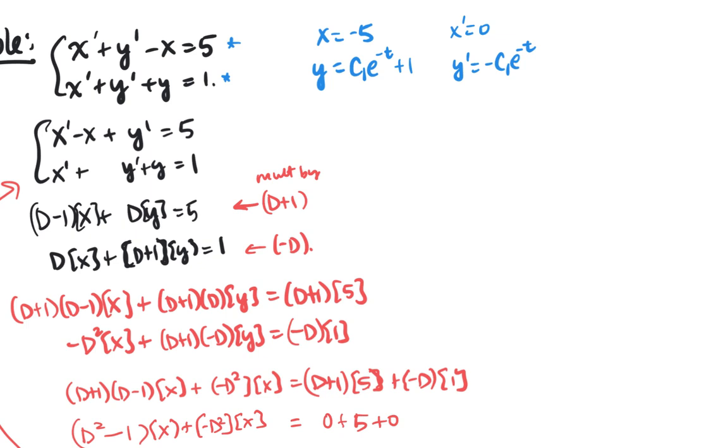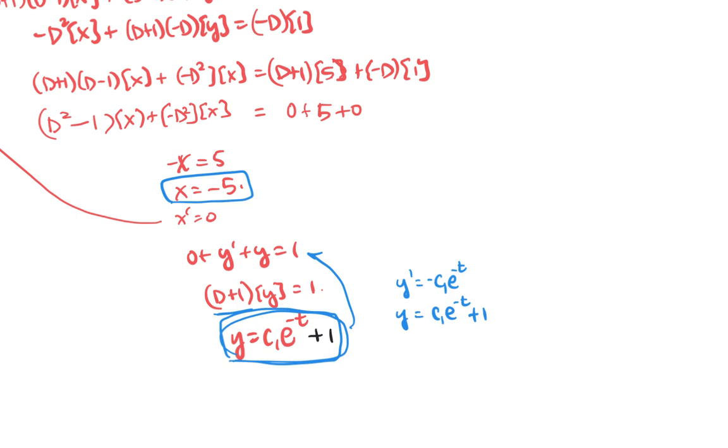If I do x prime plus y prime minus x, that doesn't give me just 5. So I must have messed up something here. Why is that the case? Okay, hang on. I'm not sure where I went wrong here.